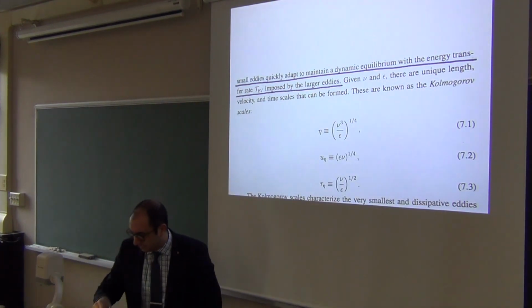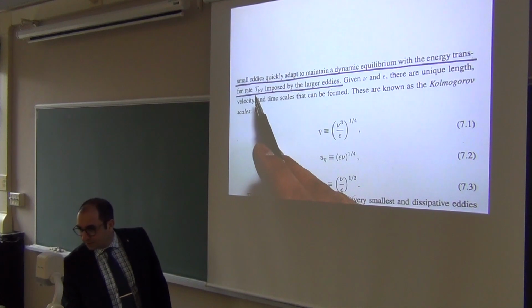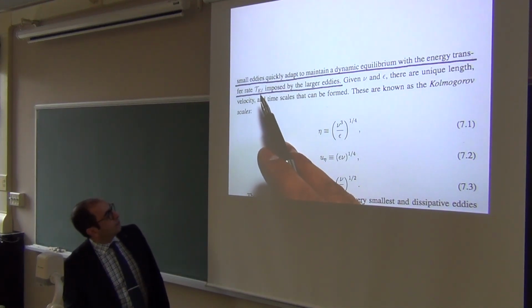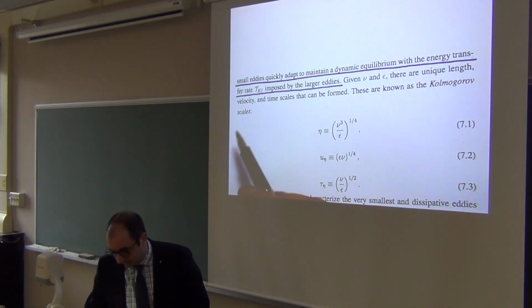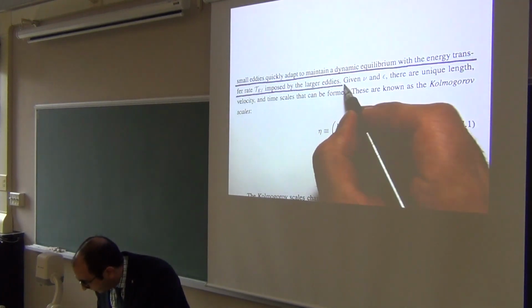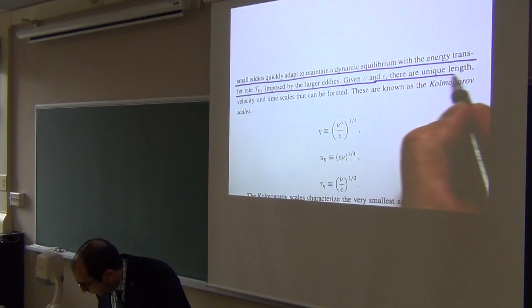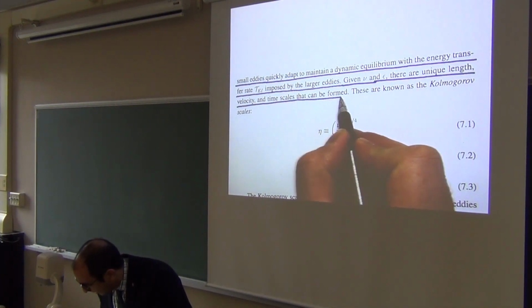If you remember, the energy transfer rate was the rate of breaking the energy down to the next level of the energy cascade. So there is some sort of equilibrium that's maintained in this range. Given kinematic viscosity and dissipation rate, there are unique length, velocity, and time scales that can be formed.